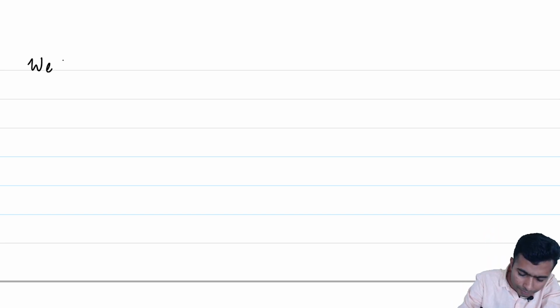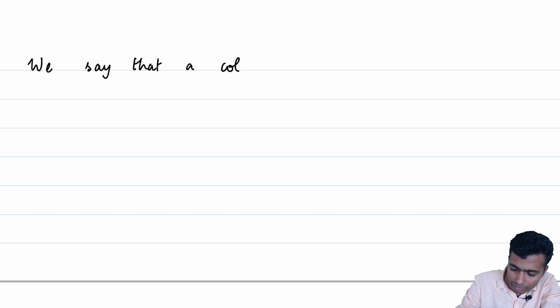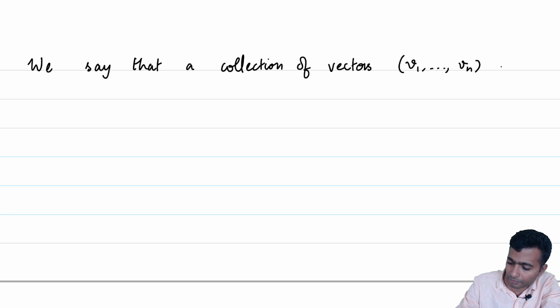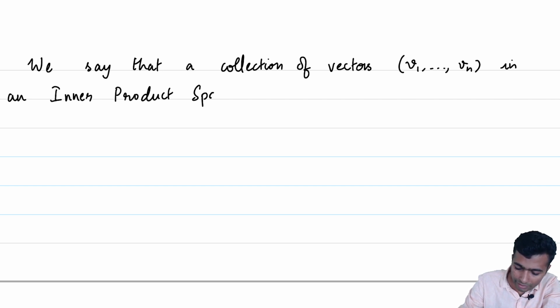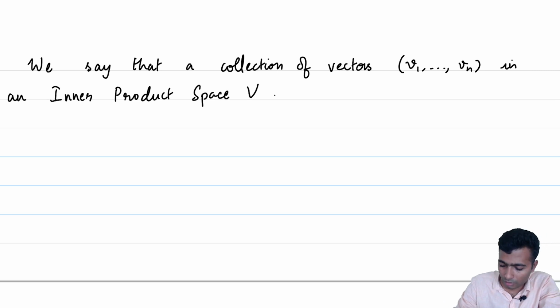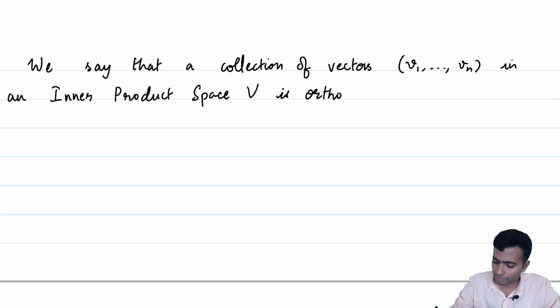So we say that a collection of vectors v1 to vn in an inner product space V is orthogonal when it is orthogonal pairwise.